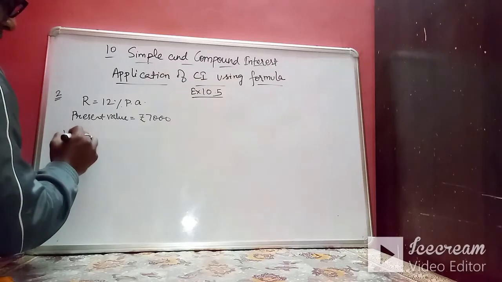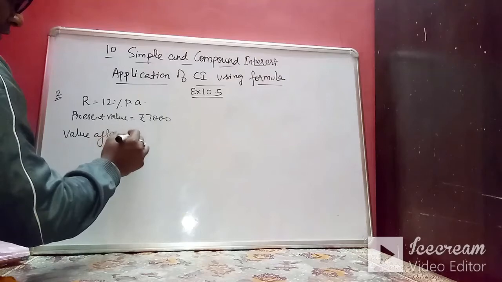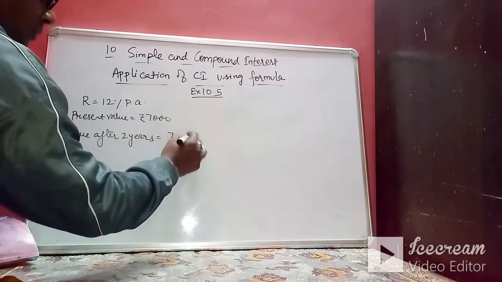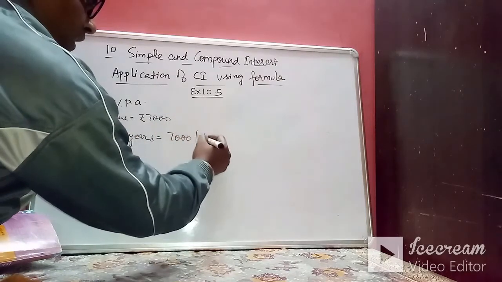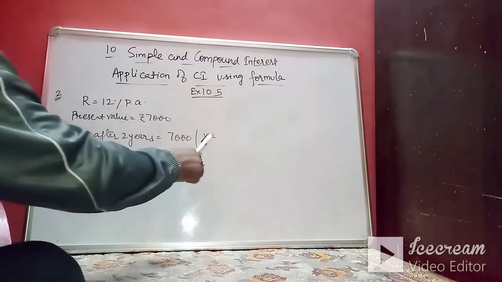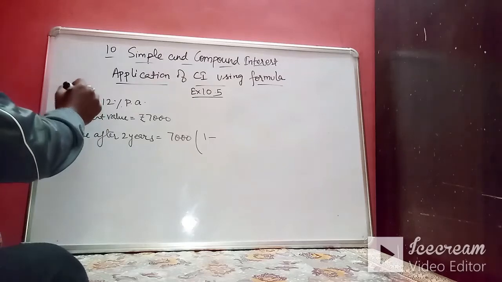Again we will use the formula: value after 2 years will be, this will be our principal because it's the present value, and in the bracket instead of plus we will use the minus sign. Now why are we using the minus sign? Because in this it is depreciating.